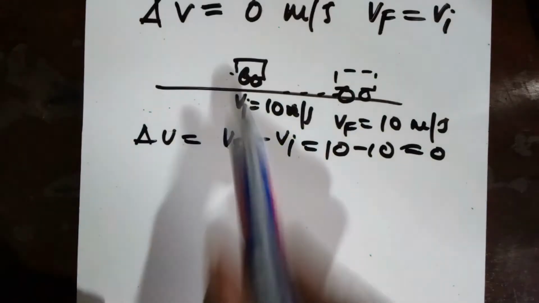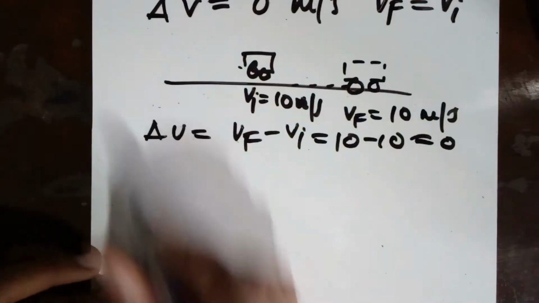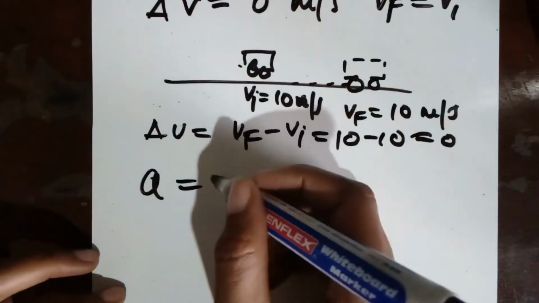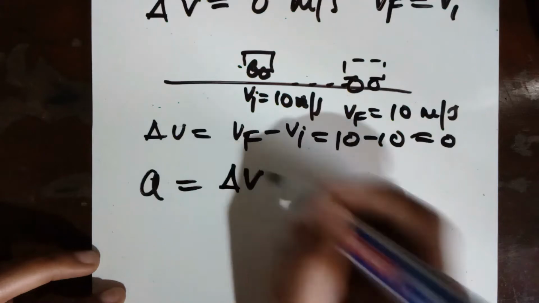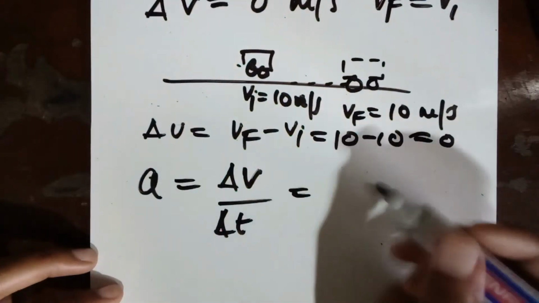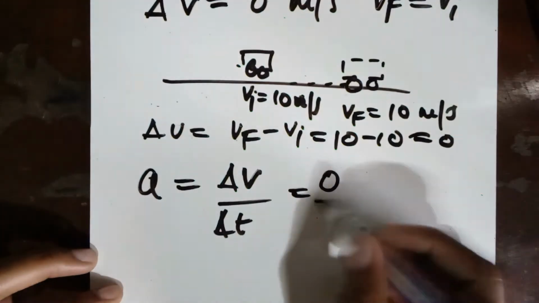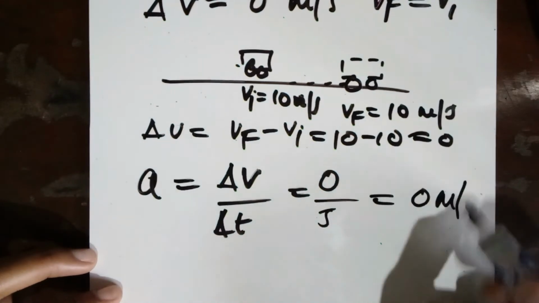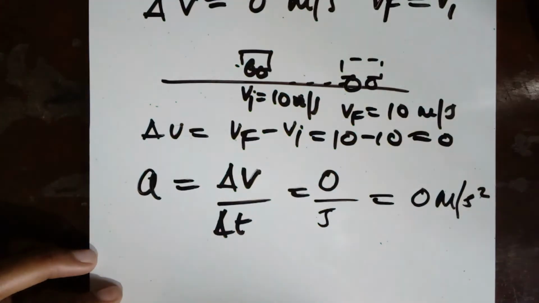But then what does this mean? We know that acceleration of any object is given by the change in v over the time interval. So if the change in v is 0, it doesn't matter what the time is, it can be 5, this acceleration will be 0 meters per second squared.